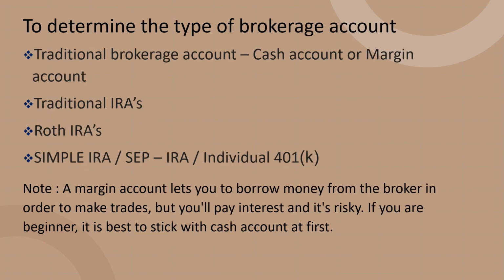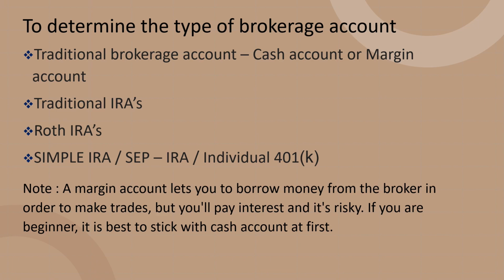There are different types of brokerage account. One is the traditional brokerage account, which is the cash account or the margin account. And there are retirement related brokerage accounts like a traditional IRA account, Roth IRA account, and for self-employed people you have SIMPLE IRA or SEP IRA, or an individual 401k account.